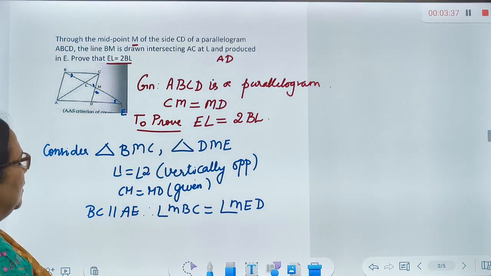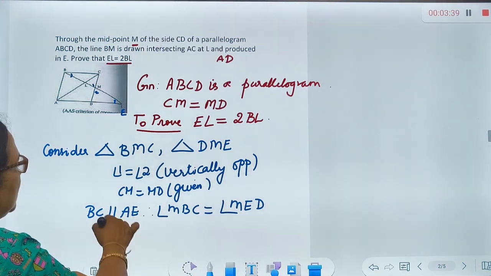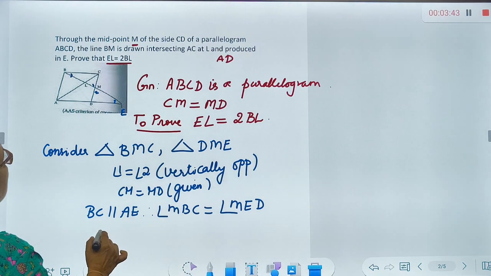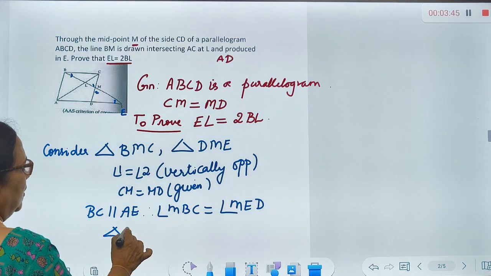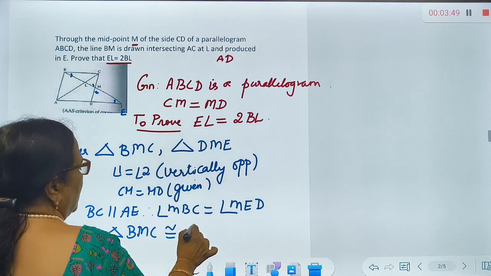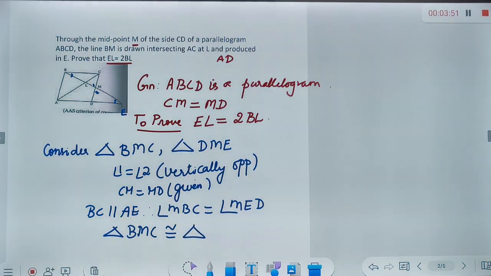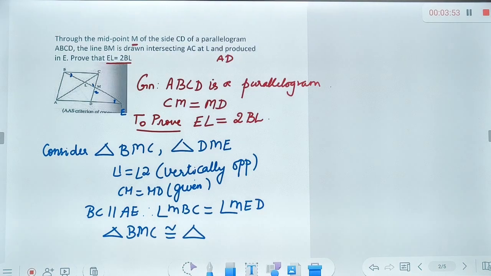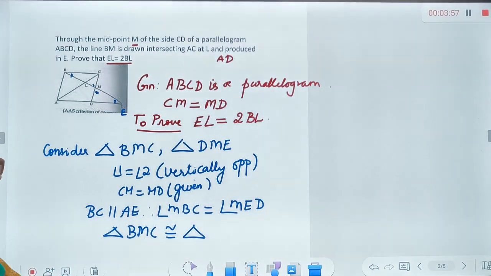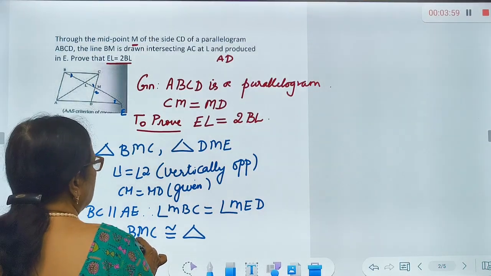By the two angles and the other side being equal, by the principle of congruence, triangle BMC is congruent to triangle. Two angles are equal and one side is equal, so AAS congruence. How will you write the congruence?